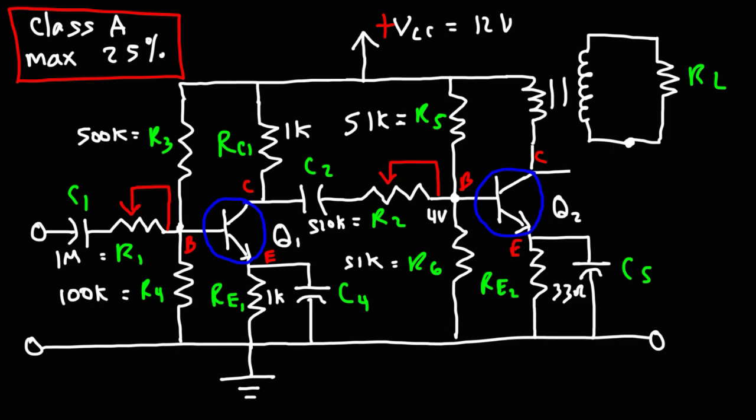Now an inductor has a low DC resistance, but it can have a high impedance towards AC signals with high frequencies. The impedance of an inductor is 2 pi FL. So as the frequency goes up, the inductive reactance goes up.